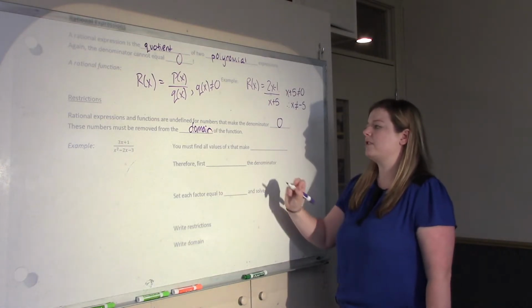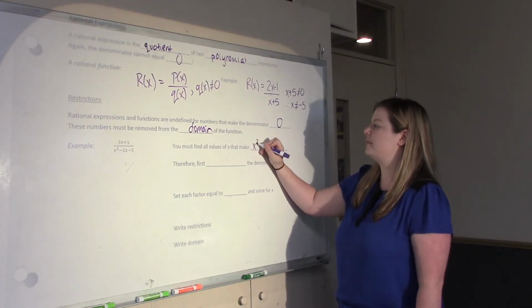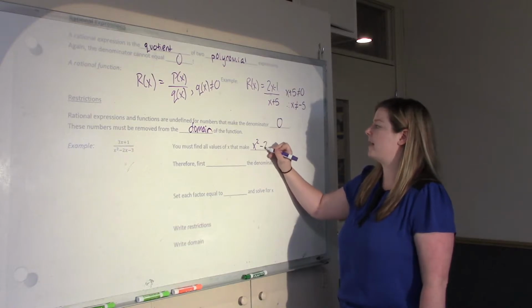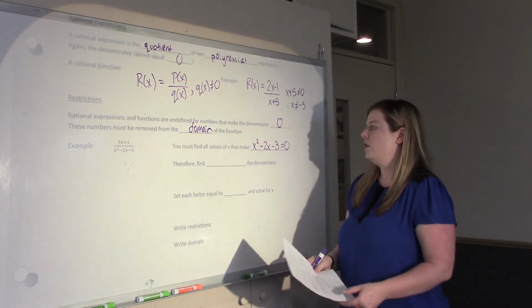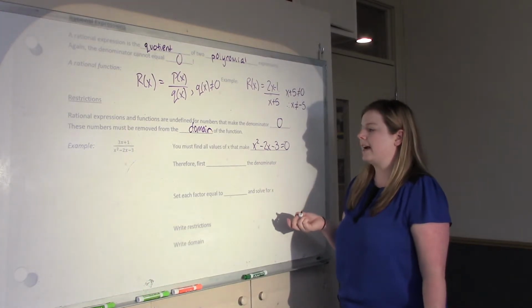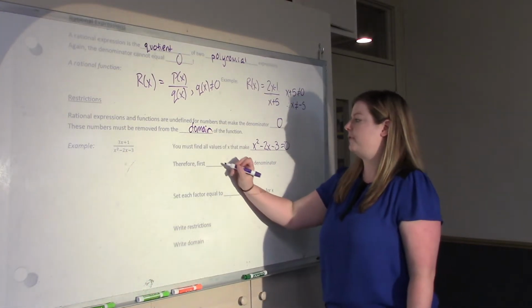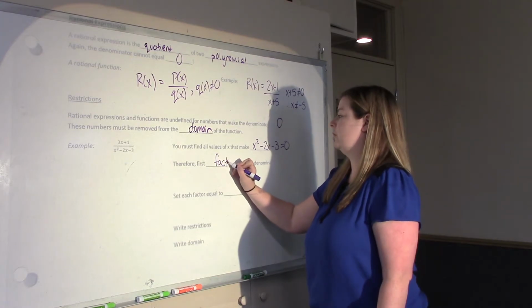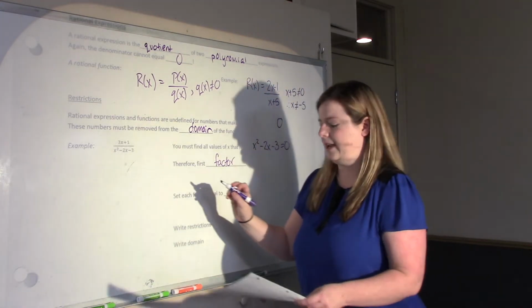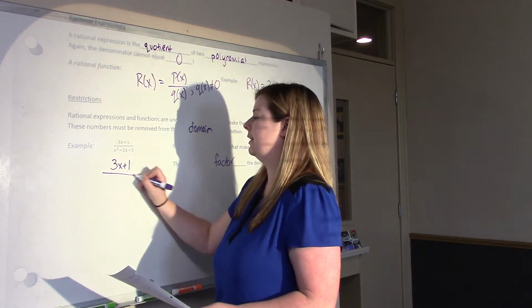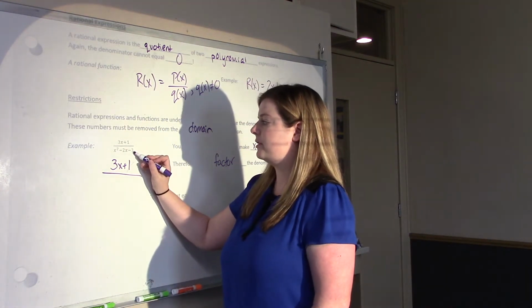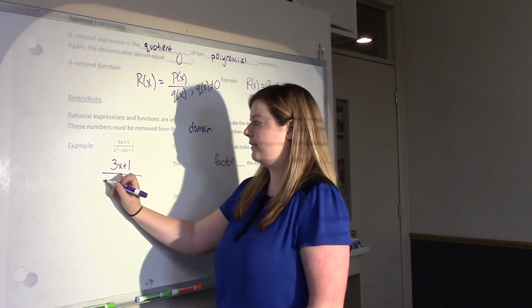So to find the restrictions here, we must find all values of x that make x squared minus 2x minus 3 equal to 0. So we can't rearrange for x. So in order to do this, we have to first factor the denominator. Okay? So we leave 3x plus 1 as the numerator, and then we think two numbers that multiply to negative 3 and add to negative 2.